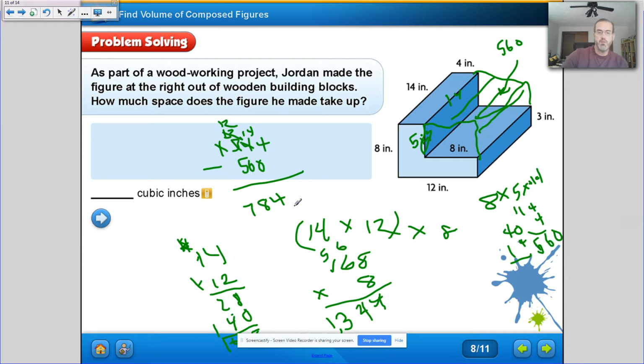So we know that the volume left here is 784 inches cubed. That means 784 cubes, right, of 1 inch by 1 inch could fit in this space, right? So just imagine that, okay?